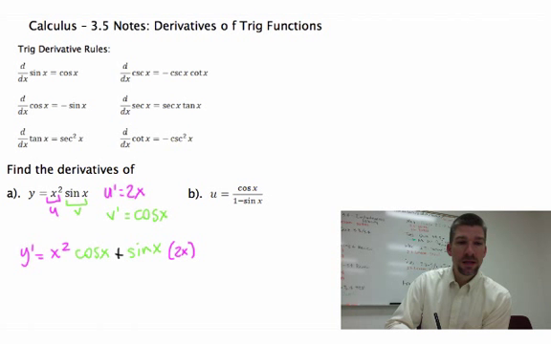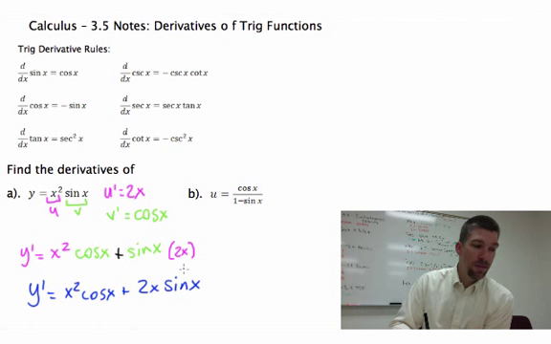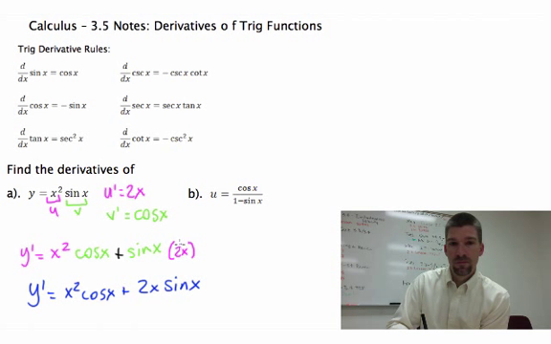So when you put all of this together, the derivative is just going to be y prime equals x squared cosine x plus 2x sine x. And there's really not much else we can do with that. We're done there.